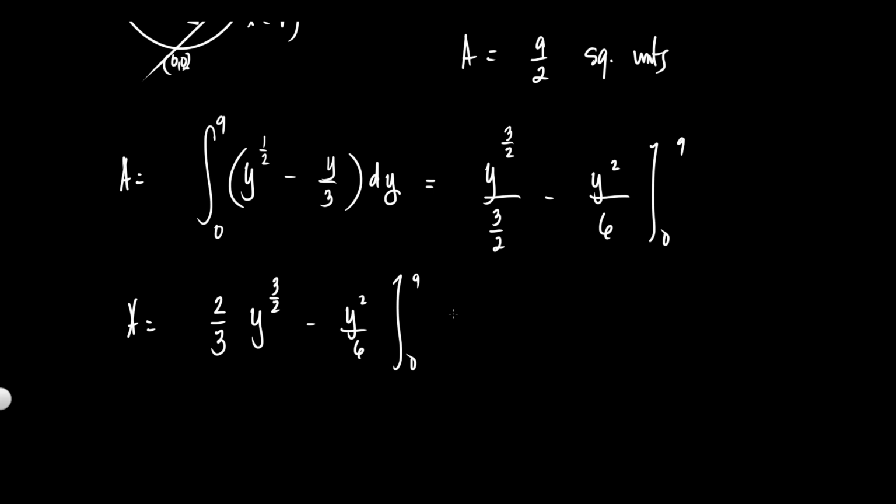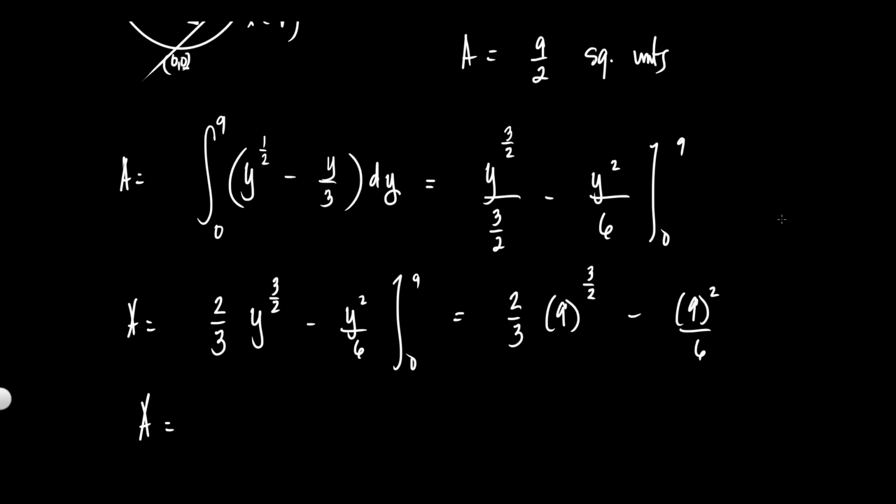Okay, so we have here, area is 2/3 times 9 raised to 3 halves, minus 9 squared over 6. So the area is equal to the square root of 9 cubed.